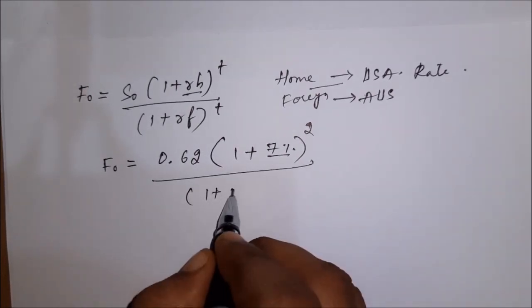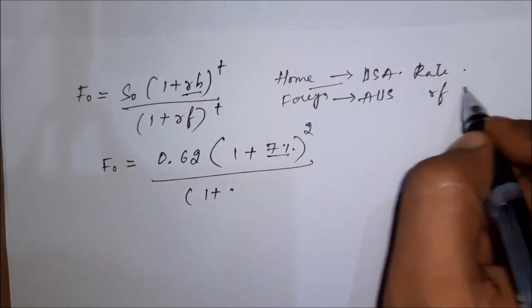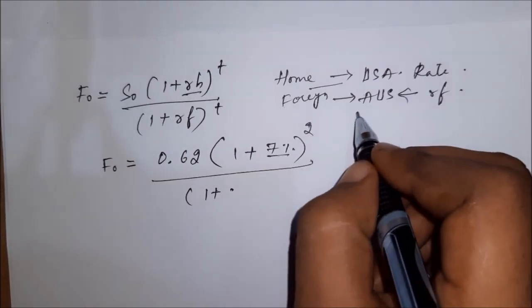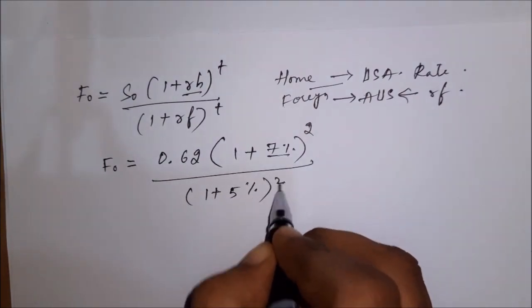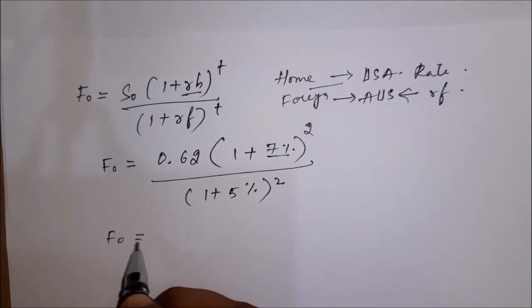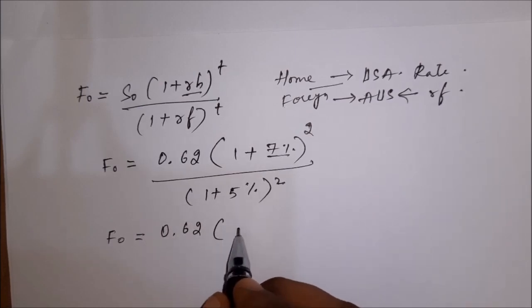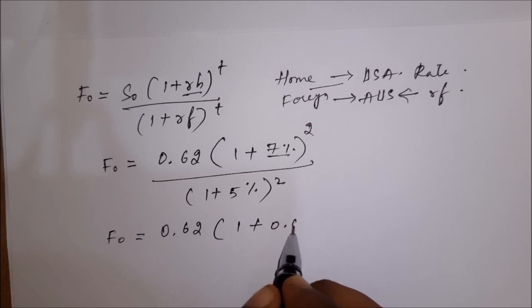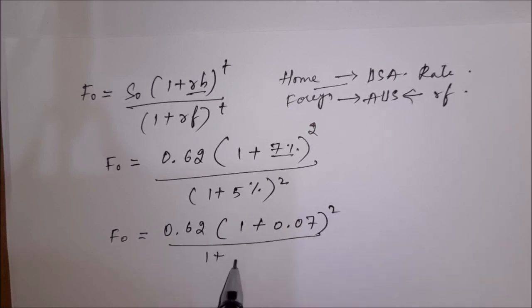Divided by 1 plus the rate of foreign. The foreign currency is Australian and the rate is 5% for Australia. Time is 2 years. F naught is equal to 0.62 into (1 plus 0.07) to the power 2 divided by (1 plus 0.05) to the power 2.